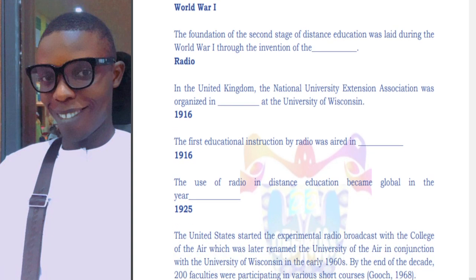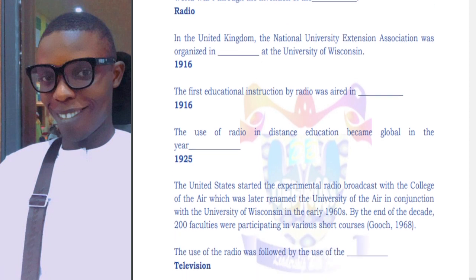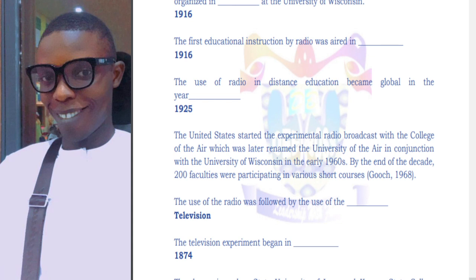And the first educational instruction by radio was aired in 1916, the period of the First World War. The use of radio in distance education became global in 1925. So by 1925, everybody was now using radio to teach.